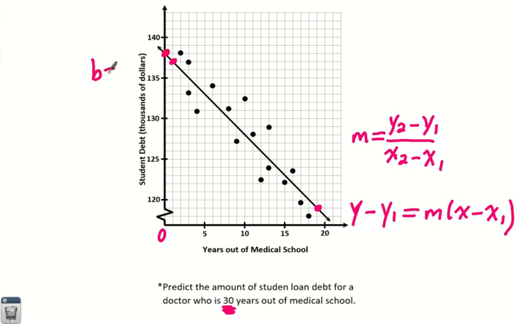And so your b value is basically going to be 136, 137, about 138. So if you just want to figure out your m and just use 138 for your b value, that would be doable here, and then you could have your equation and plug in 30. But I'll leave that to you.